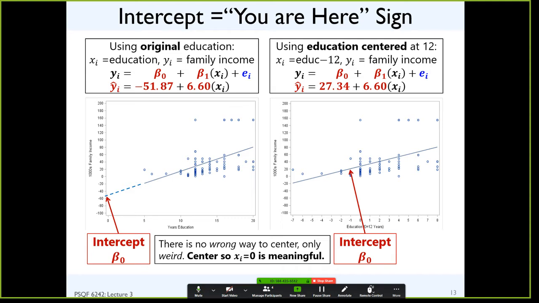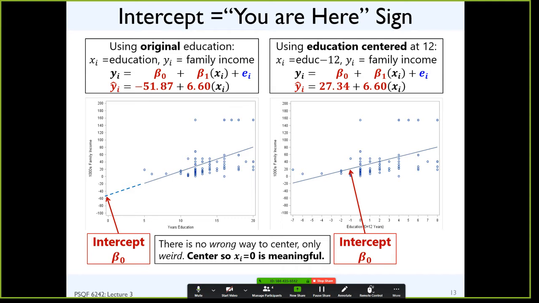The slope is the same. If I use original education, in which 0 is 0, I get the same change in y per unit change in x, change in income per year of education, as if I take education and put in minus 12 instead. So I haven't in any way cheated or distorted the information. I've simply moved the intercept over to a place that can possibly exist.